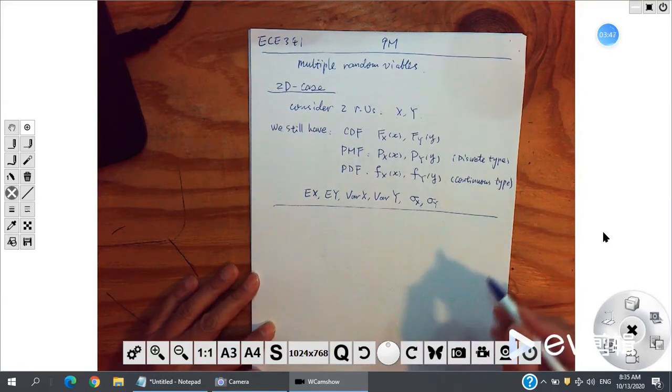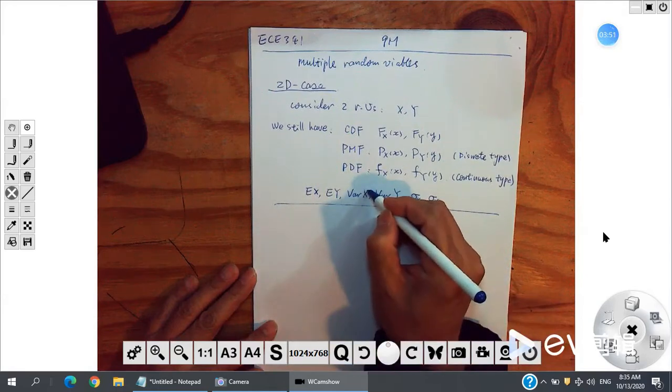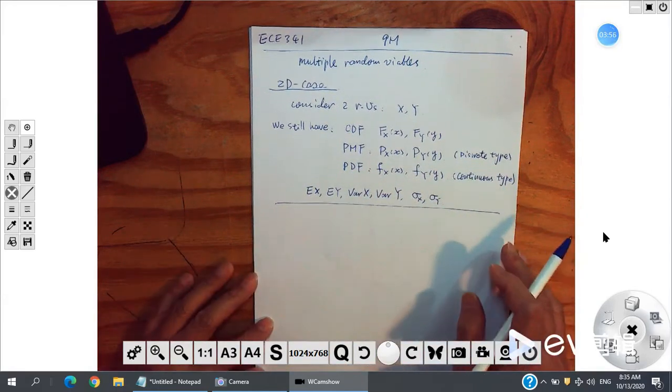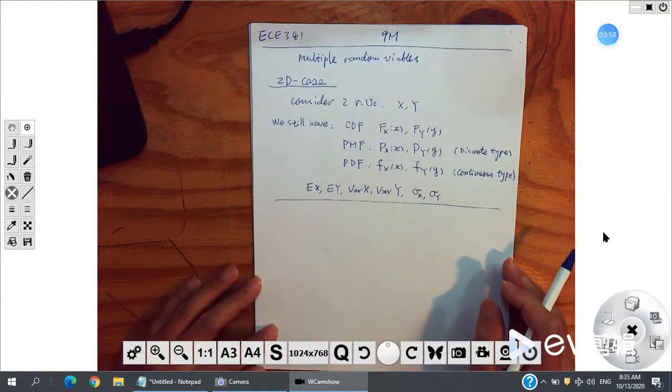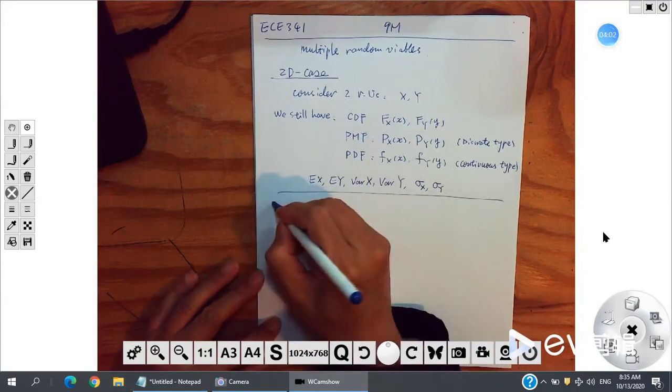It's a lot, but the way to calculate them is not very difficult, right? Now we have more because we have two.